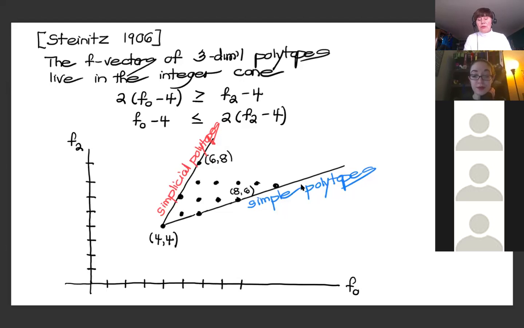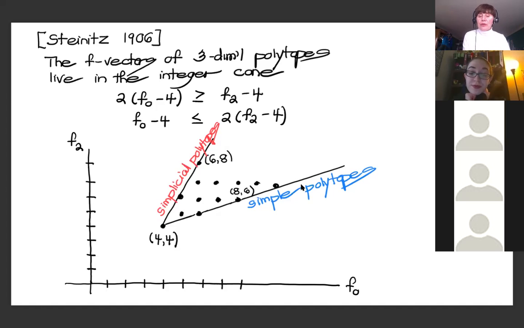And then I have the 2 lines. One I labeled blue, simple polytopes. The other one is simplicial. So along that red line, any point there corresponds to a polytope that is simplicial, meaning that all of its faces of any dimension are simplices. So a triangle, when it's 2-dimensional faces; actually, this is in 3 dimensions, so the most you can go up to is a triangle.